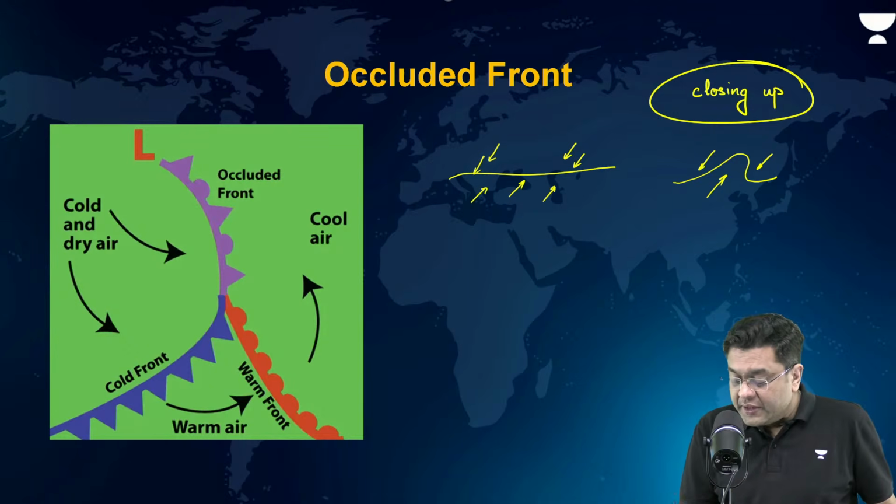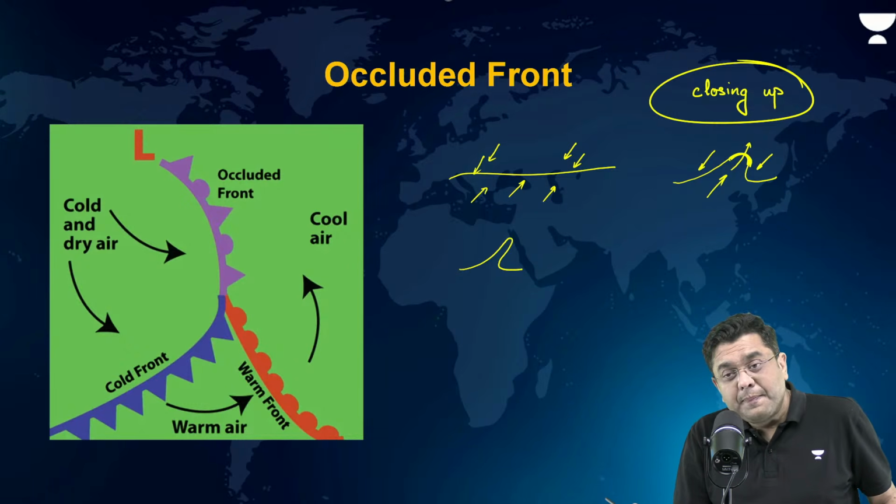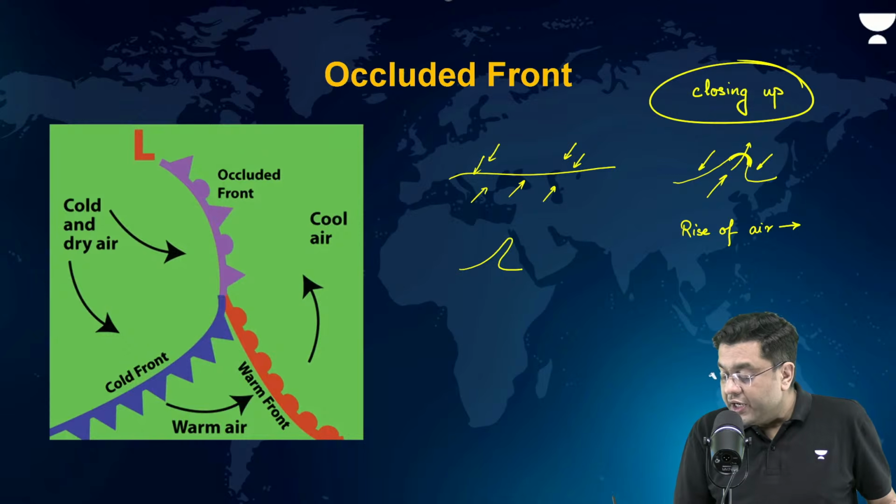Over a period of time further. Why? Because even in the warm front, you have the rise of the warm air, isn't it? Here, this is the case of the warm front. Warm front means what? Rise of warm air. Now, rise of air creates what? Low pressure or high pressure? It creates a condition of low pressure, which means what?